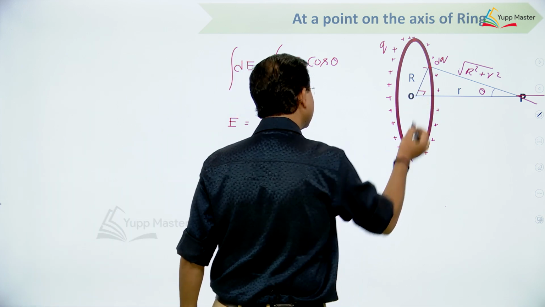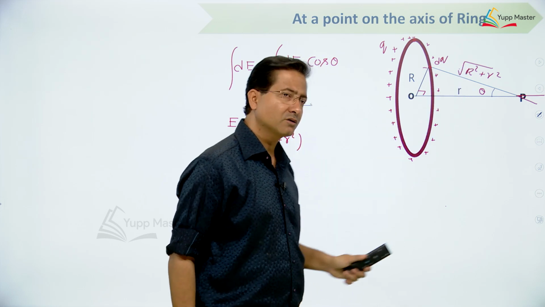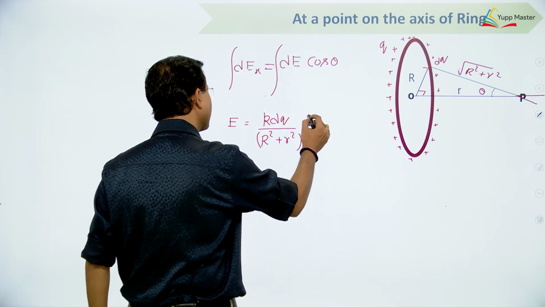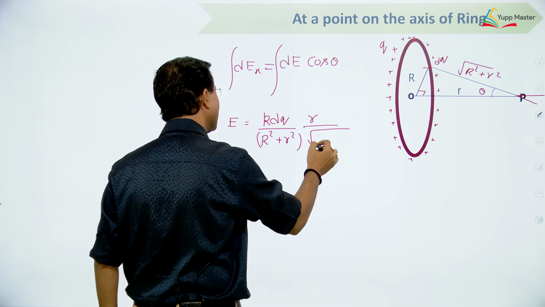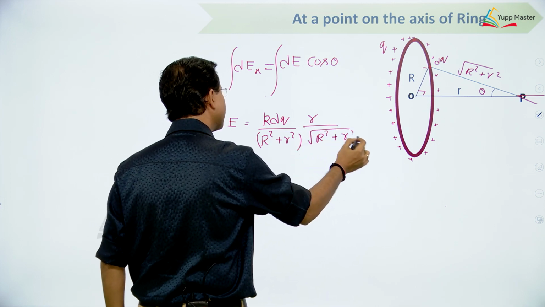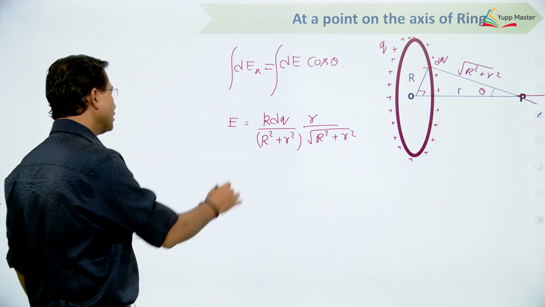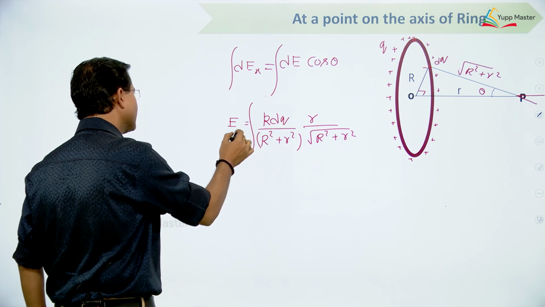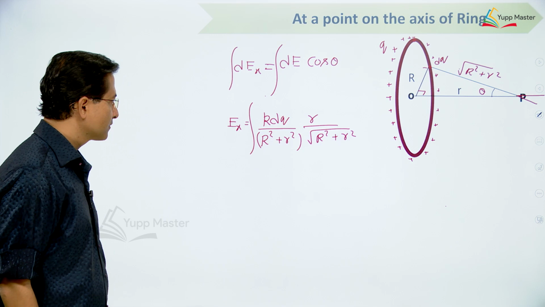This angle is 90 degree, this angle is theta, base upon hypotenuse, r divided by under root R square plus small r square, right. This integration will give me the field along the x axis.